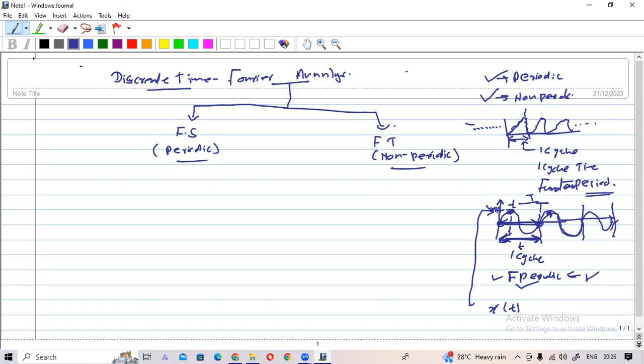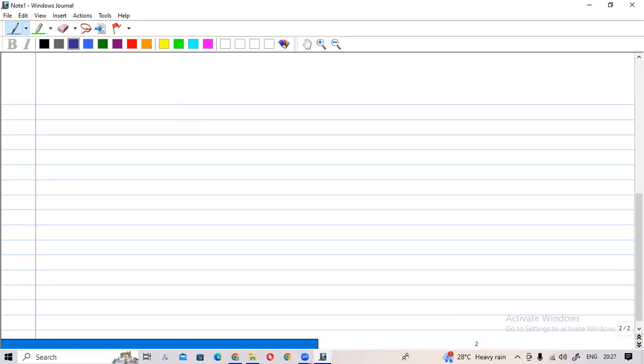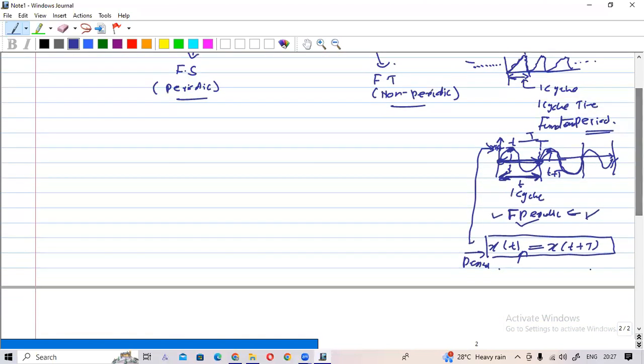That point will be at t plus T, so its value is x(t+T). These two points will be equal: x(t) = x(t+T). This is the condition for a periodic signal; you better keep this in your mind. If this condition is not satisfied, it is a non-periodic signal.